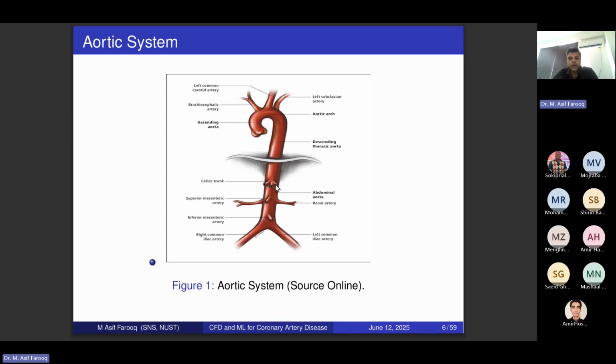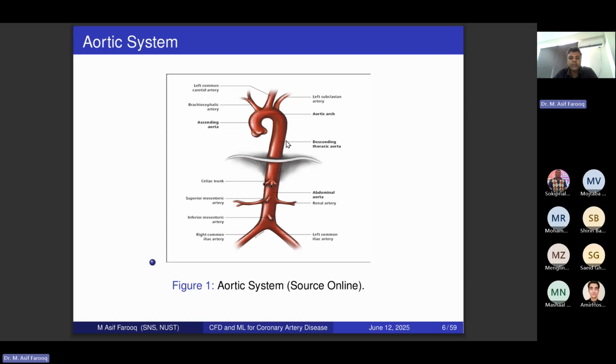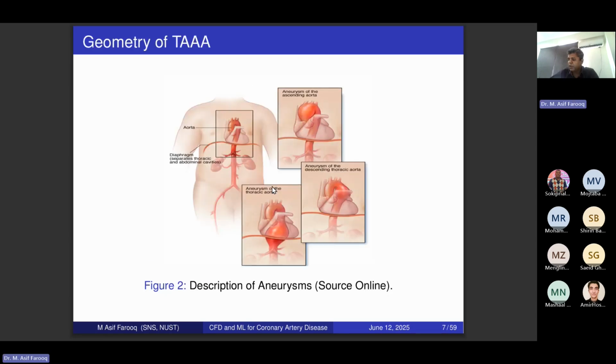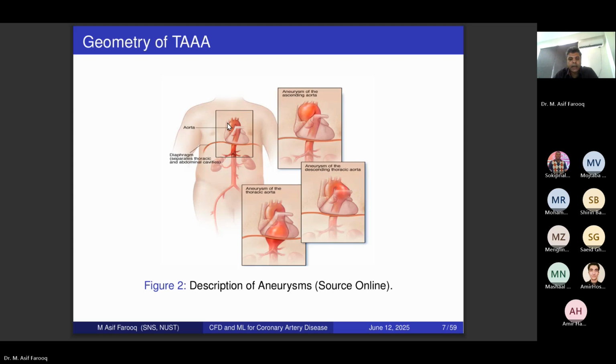So we have the thoracoabdominal aortic aneurysm. It is not shown over here. Here I have just given you the thoracic aorta and the abdominal aorta.